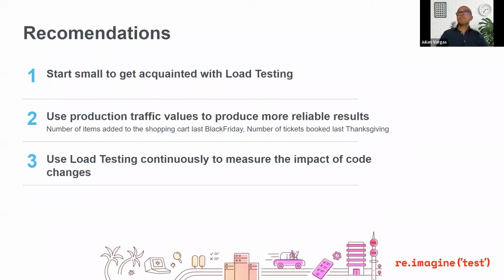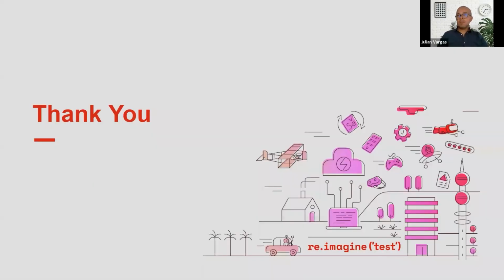Use production traffic values to produce more reliable results, which is what I just mentioned with the two examples, Black Friday and Thanksgiving. And also use load testing continuously to measure the impact of code changes. This is really important. And that's it. Thank you very much for your attention and for your time. And please ask questions.